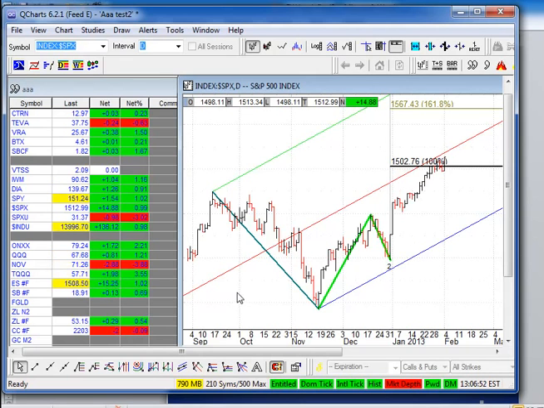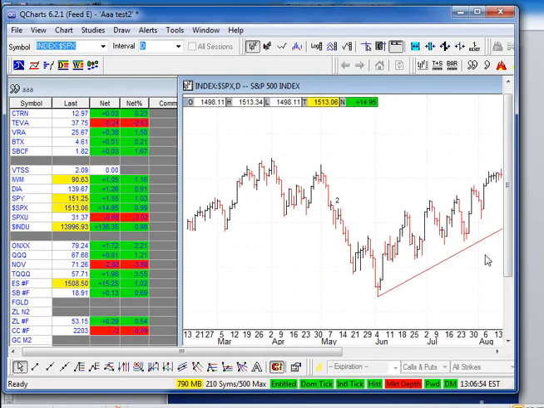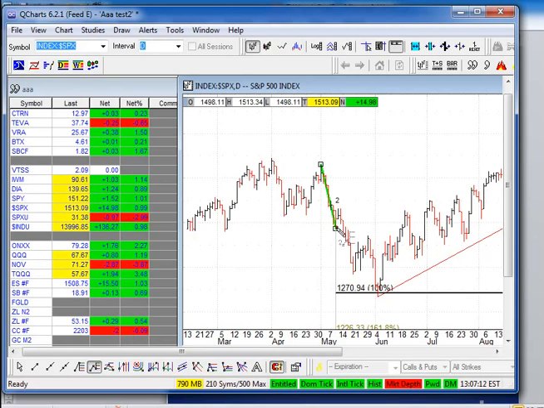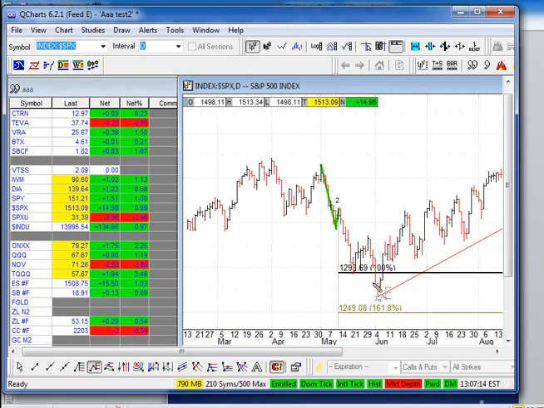If you measure it from here, let's give you another example. This is the 2, as demonstrated in the book that we're coming out with and the video. If we simply take the high here and the low here, and we take that distance and project it from the 2, 100% is over here.